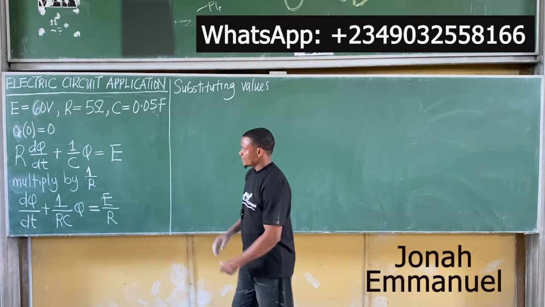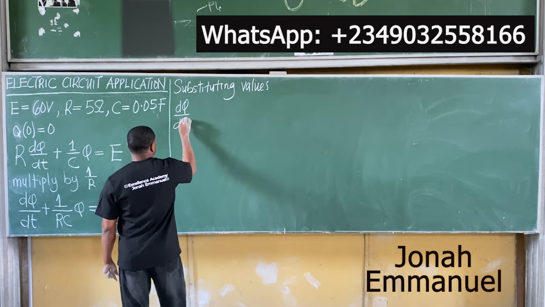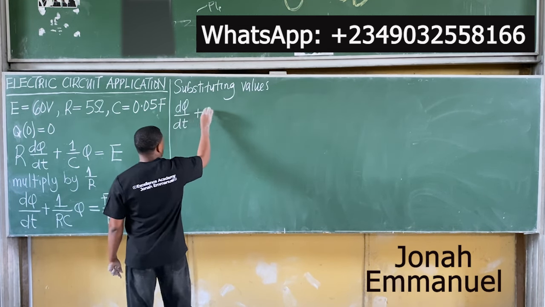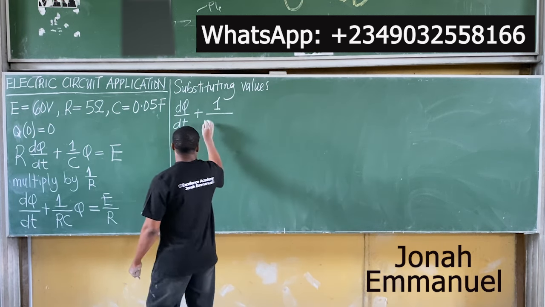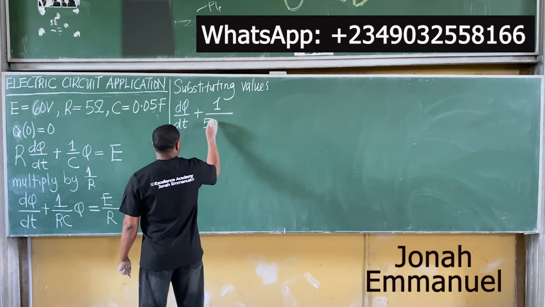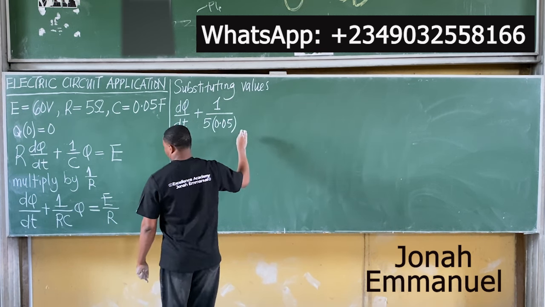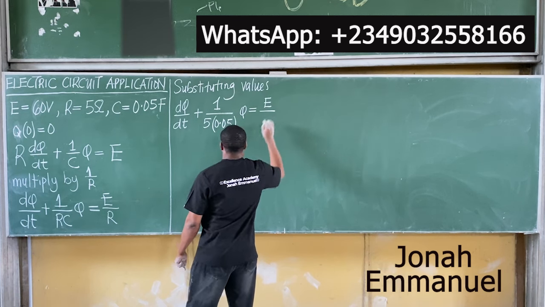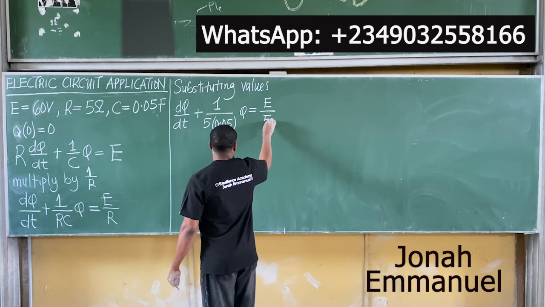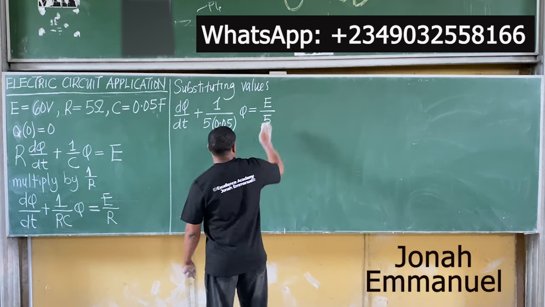I have dq over dt plus 1 all over, what's R? 5. What's C? 0.05, into Q is equal to E all over R, which is 5. Oh, E has a value, sorry.